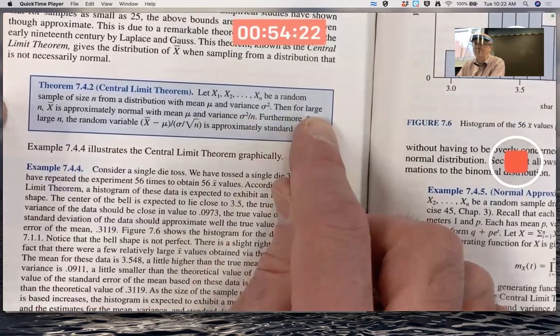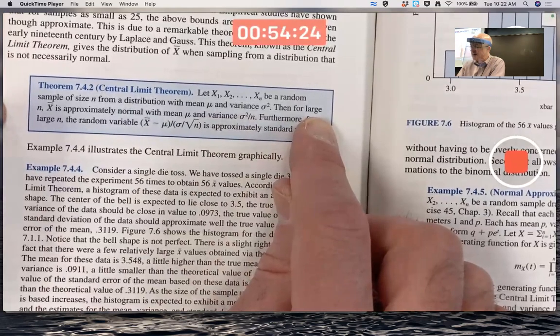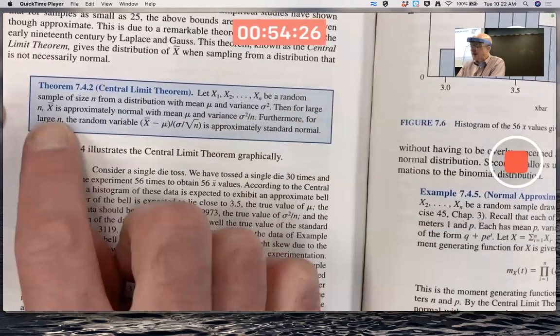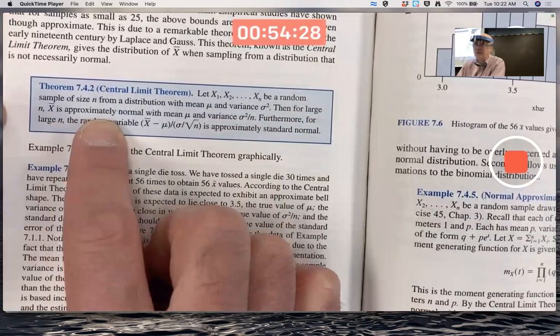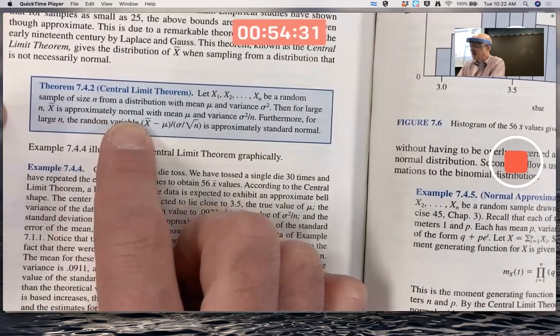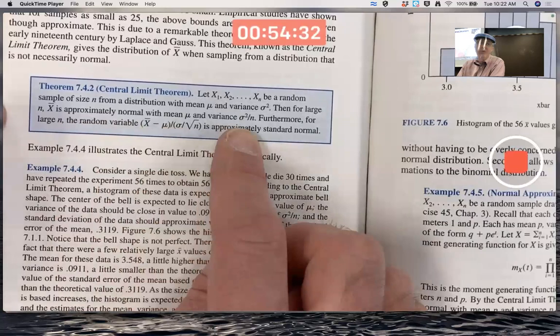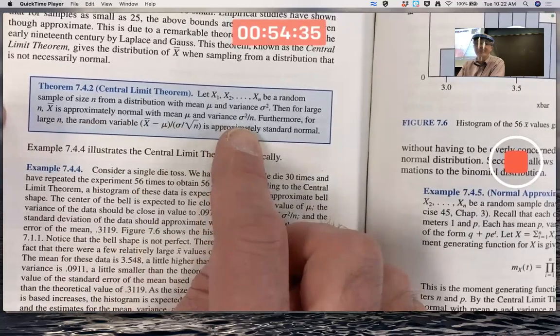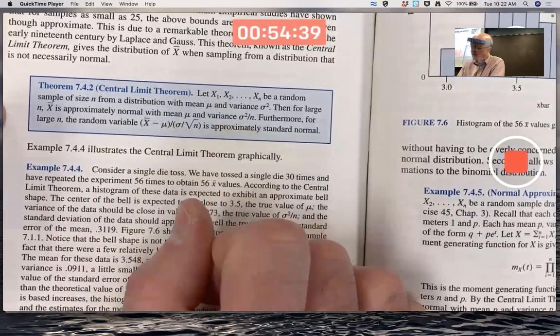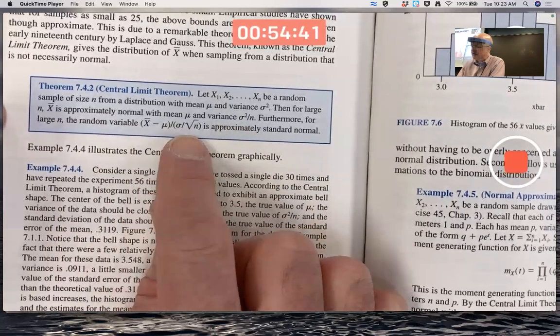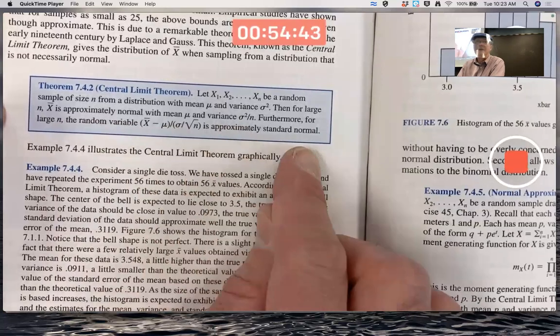That's part of what makes this not a theorem statement. X bar is approximately, there's another vague word, approximately normal with mean mu and variance sigma squared over n. So then if you standardize it effectively, subtract the mean and divide by the standard deviation, you get something that's approximately standard normal.